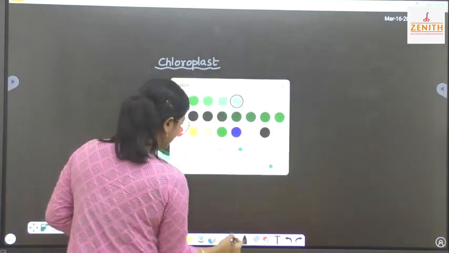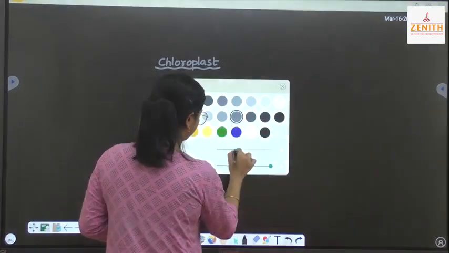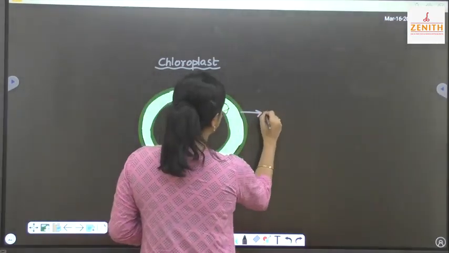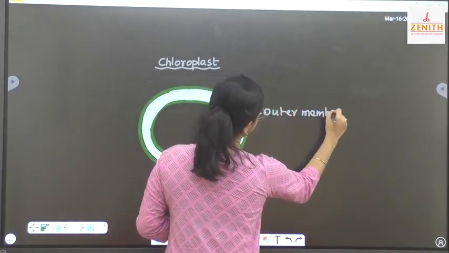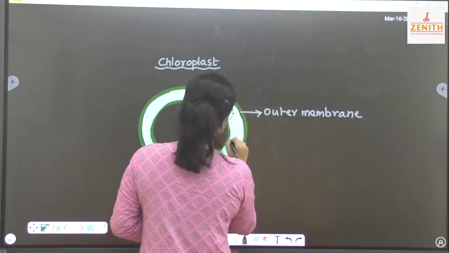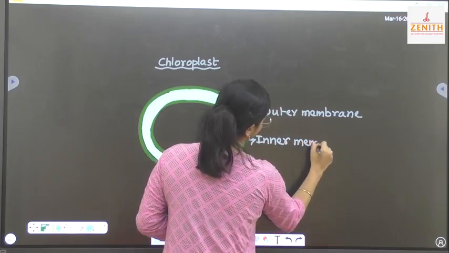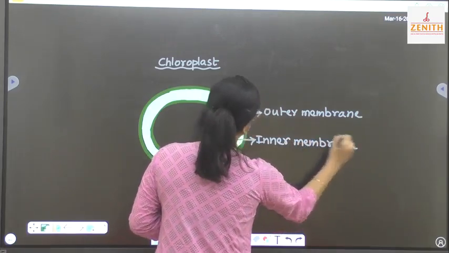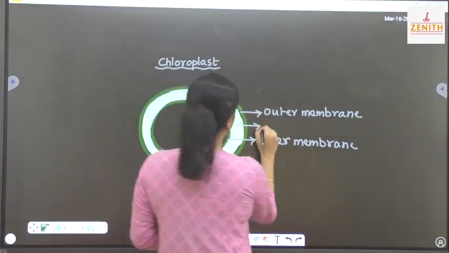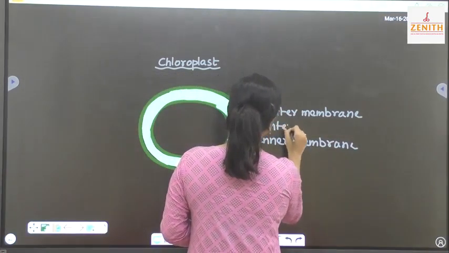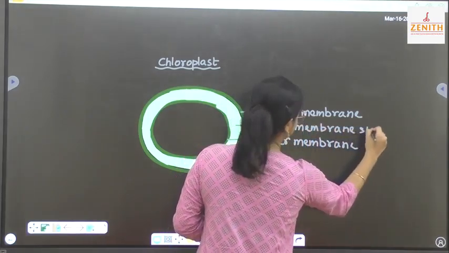So we see that this is the outer membrane of chloroplast. This is the inner membrane of chloroplast, and the space which is present in between these two membranes is known as the intermembrane space.